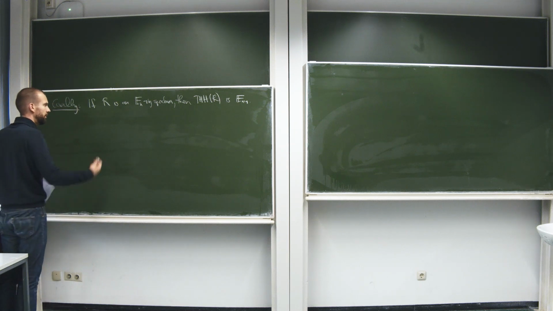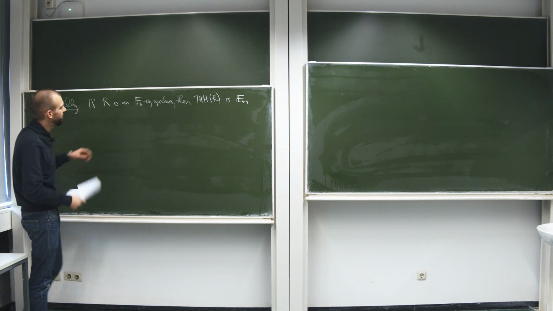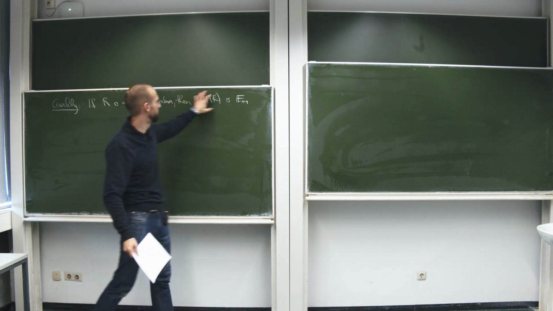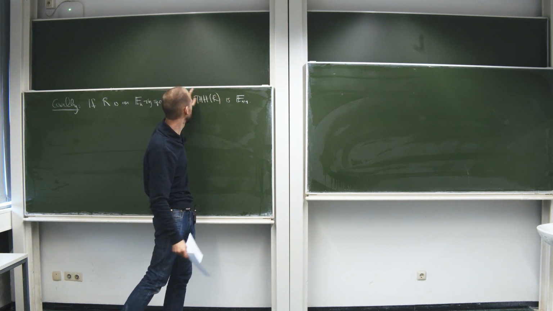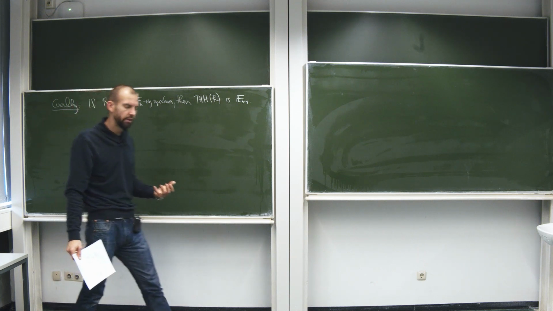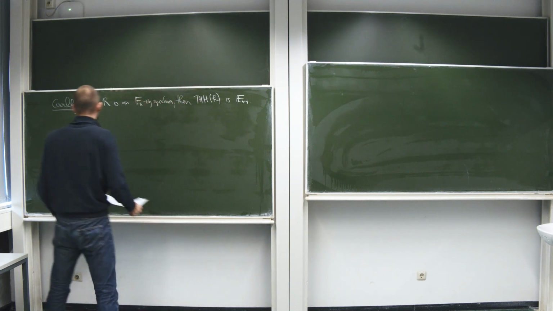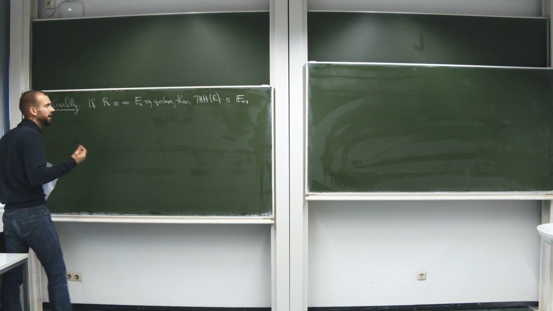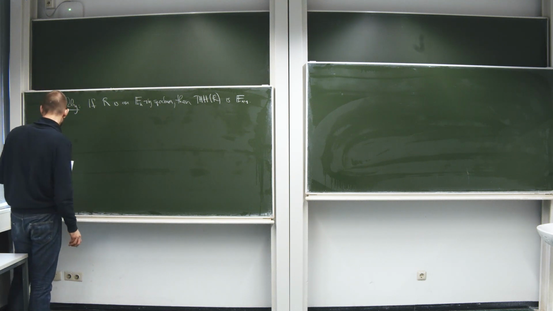In particular, if n equals 1, then I'm just saying this is E_0. This is a pointed object, which is just a map from R to THH(R), coming from the bottom cell of the cyclic bar construction. But for other n, this is a non-trivial statement.